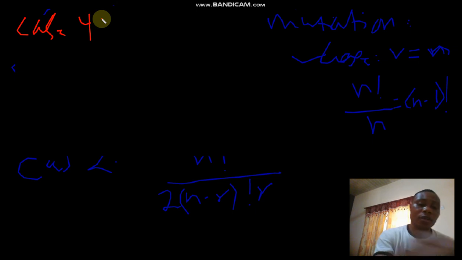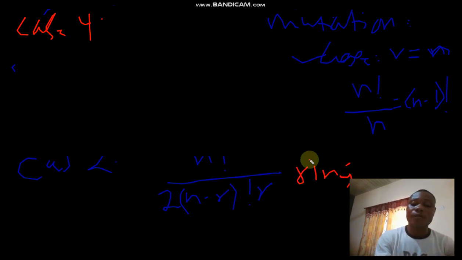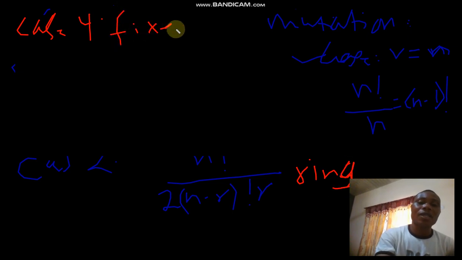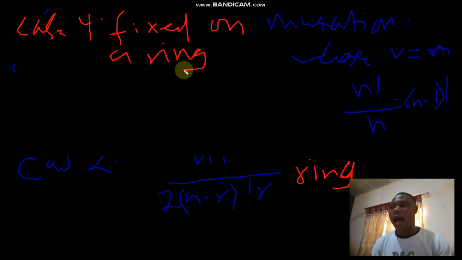When they are fixed on a ring, I'm choosing r different objects from n different objects which are fixed or turned over on a ring.